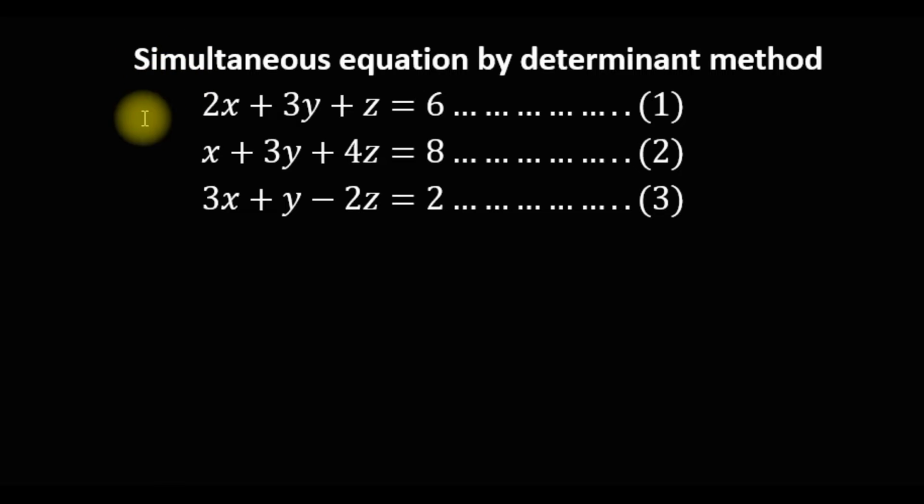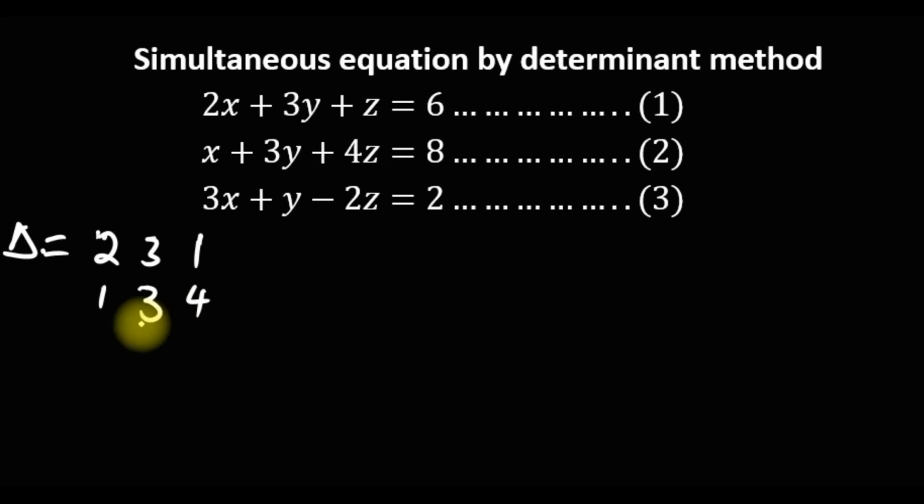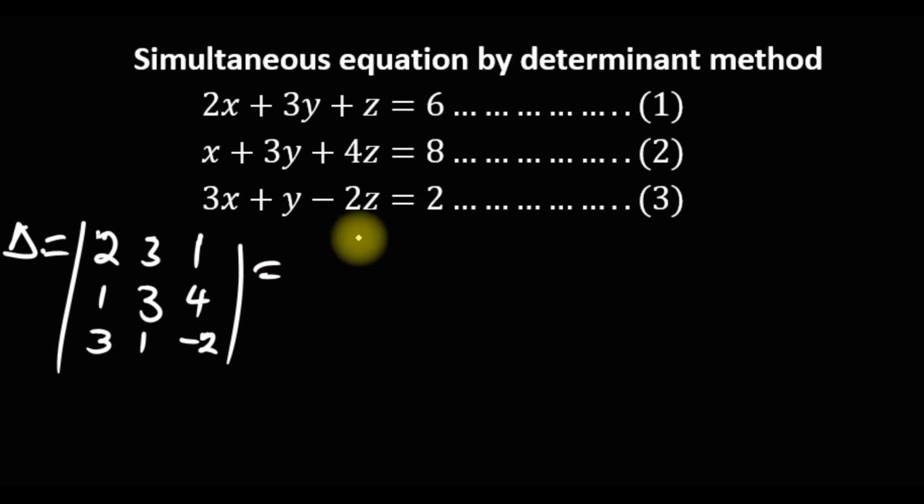We are asked to solve this using the determinant method. The first thing is to write our first determinant, the one formed without the constants, that is the coefficients of the variables, which is 2, 3, 1, 1, 3, 4, 3, 1, minus 2. Remember how we find a determinant, by choosing any row or column.